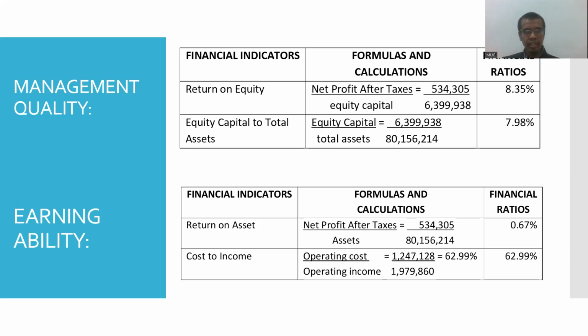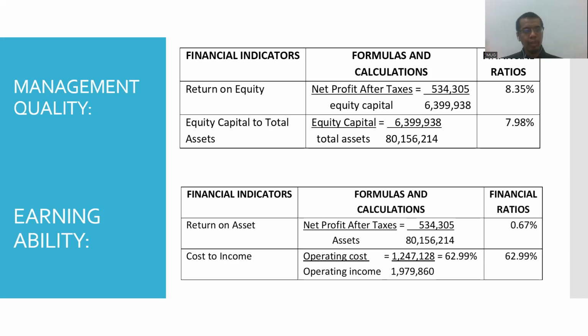It's below 1%. And the cost to income is very high, because almost two thirds of their income goes to cost.